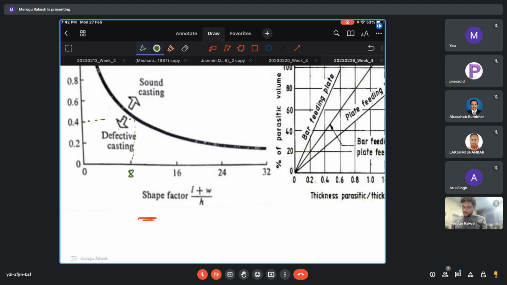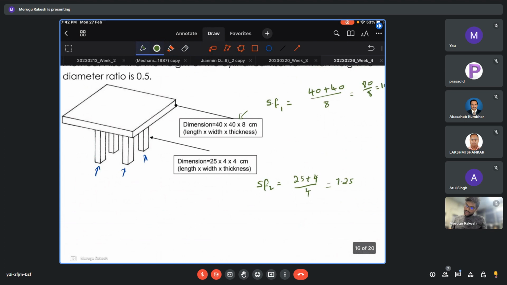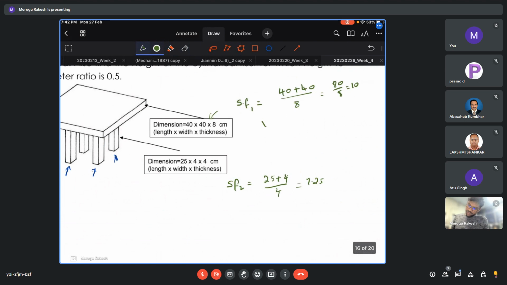The other one is 7.25, a little bit here, which is coming around 0.5. Okay. So for this, volume of the riser by volume of the casting is 0.4. For this, volume of the riser by volume of the casting is 0.5. Okay, the rest will be similar.